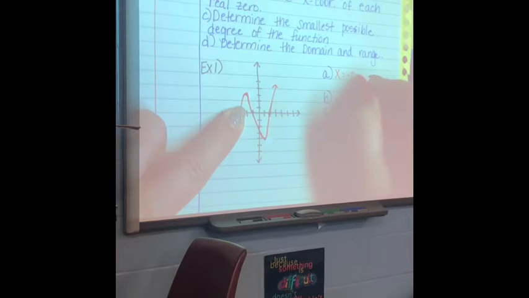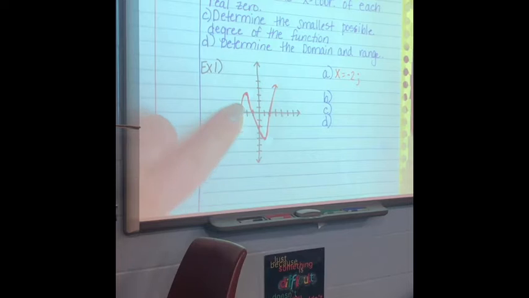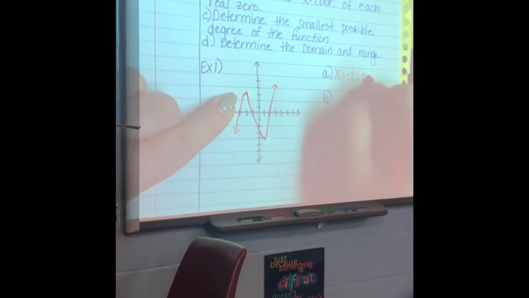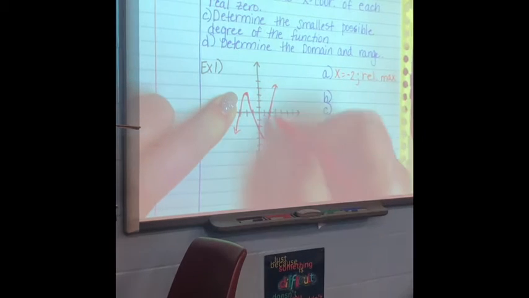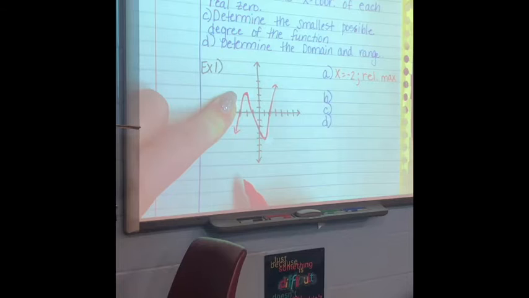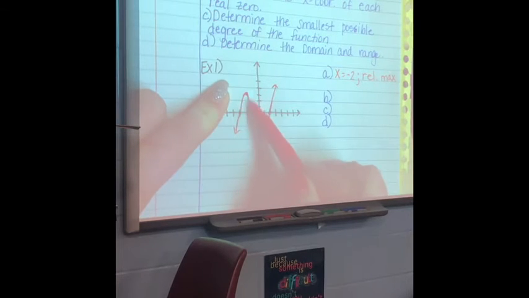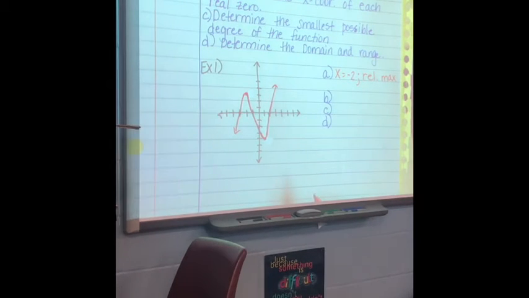Is that first turning point a relative max or a relative min? It is a relative max. Does everybody see that? It's not the highest point on the graph because that's continuing to go on, but it is relative to what's going on here. It increases and decreases on each side of it.